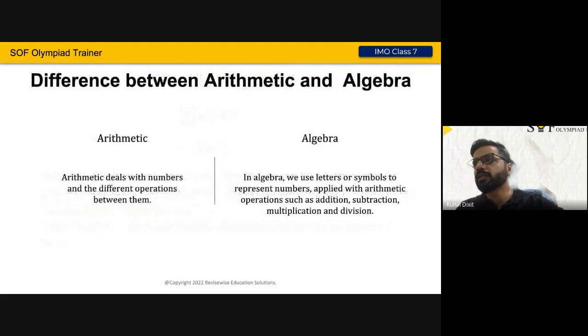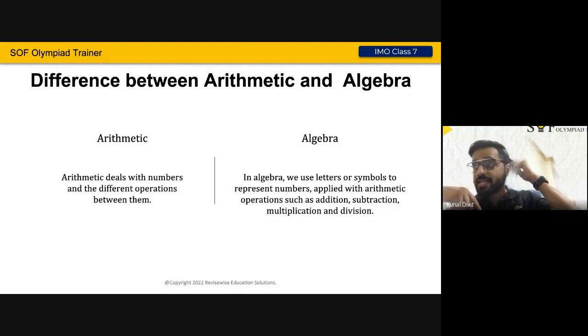Now let's look at a little more about it. There are two things to understand here. First is arithmetic. Then there is algebra. Now, what is arithmetic? What is algebra? Let's get an idea. Arithmetic deals with numbers and different operations between them, like addition, subtraction, multiplication, division, and so on.